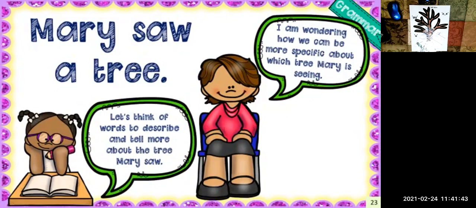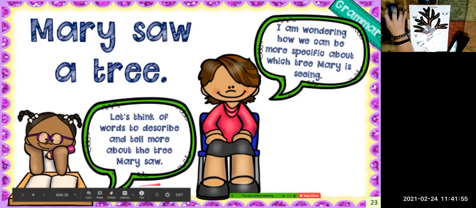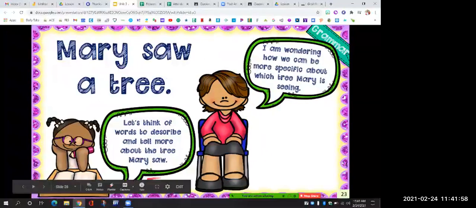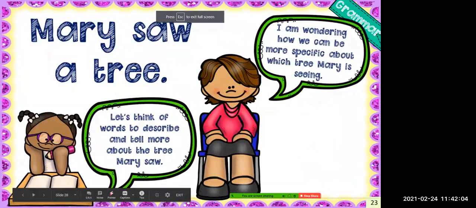So I'm wondering, how can we be more specific about which tree Mary is seeing? If you're looking at all kinds of trees, you guys are still looking at my, there we go. You can think about, like, if I look in the forest, I see lots of trees. I need to be more specific about which tree.